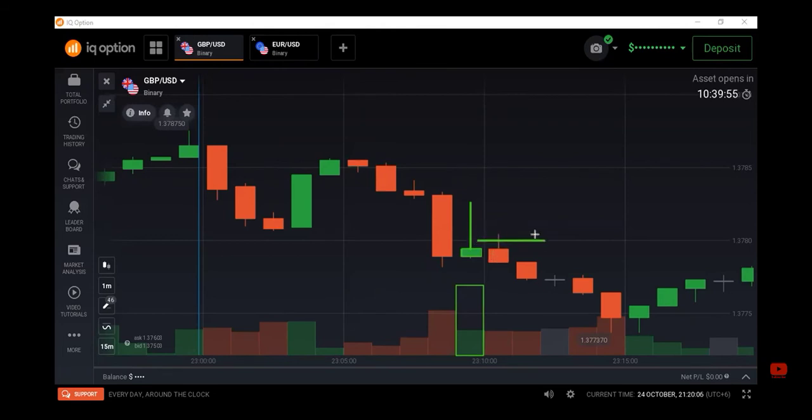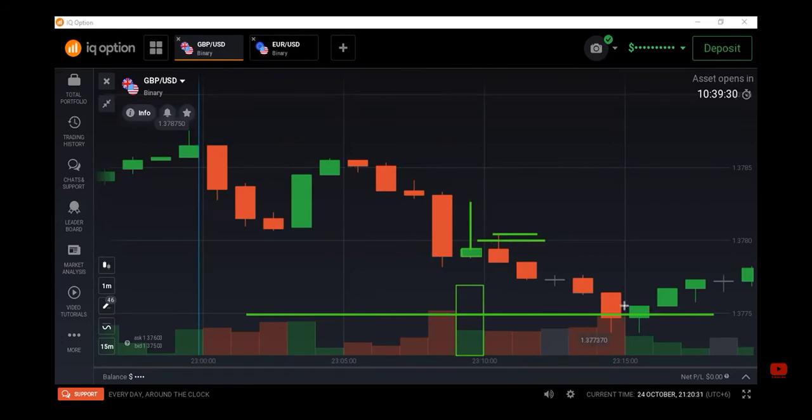When the market hits this resistance level, we can place our trade to the downward direction again, because our next round number level is here. We see here three candlesticks, here four candlesticks. Now we can expect the market may create more than four candlesticks, because it's a sequence market.